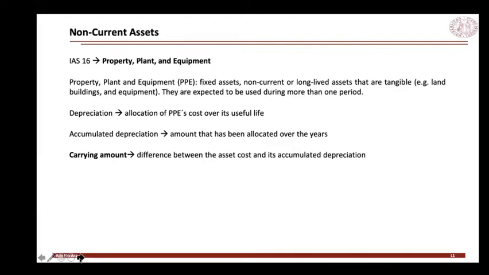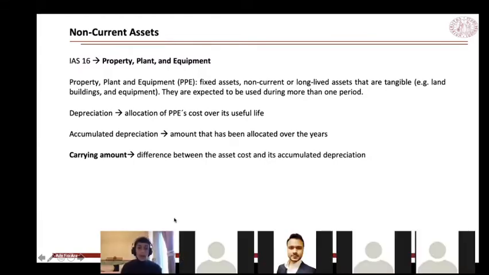What's the useful life? Well, imagine that you buy a computer. You expect to use it for 3 years. That means that you expect this item to be useful to you for 3 years. In order to account for its cost, you allocate the cost of the computer over these 3 years.